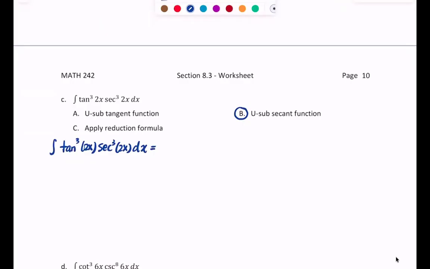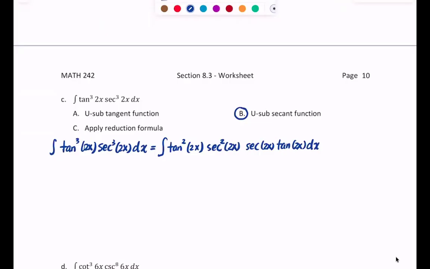So we want to do use of secant. First, what's the root of secant? Secant tangent. Let's first make sure we do have a secant tangent to work with later on. So I need one tangent, one secant.